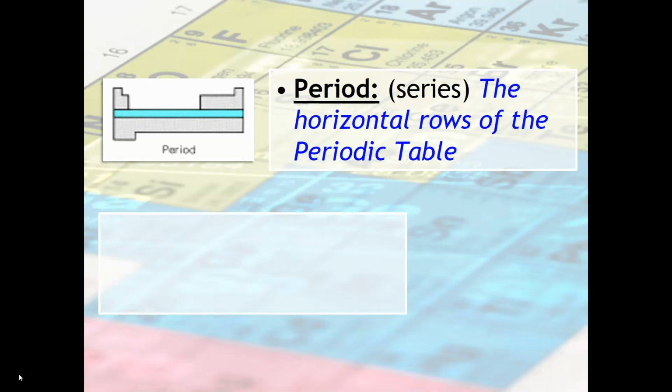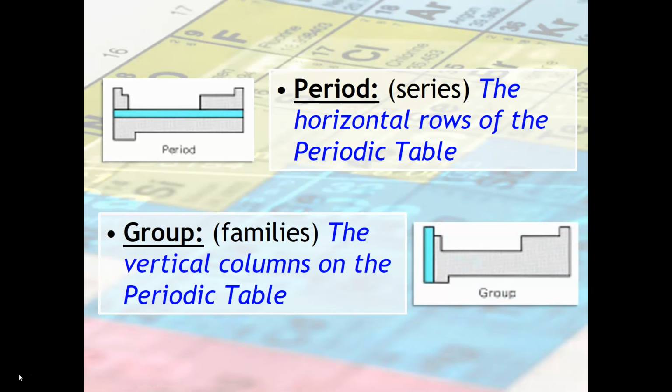On the periodic table, there's a special name for the horizontal rows, and they're called periods. Sometimes, if you look in textbooks, you'll also see them called series. For the vertical columns, you'll see that these are called groups, or sometimes families.